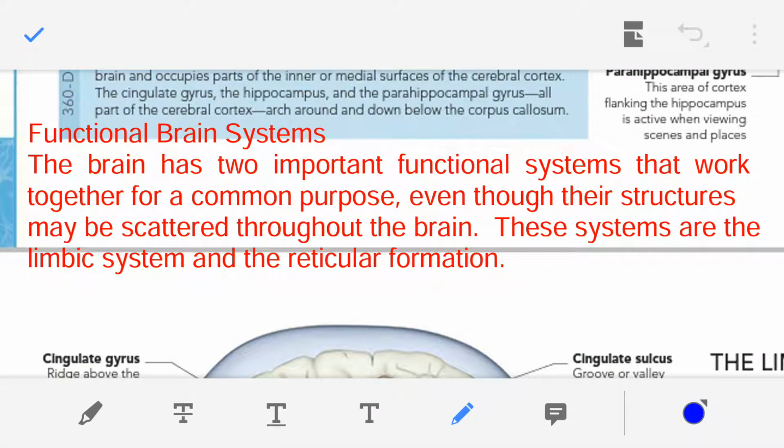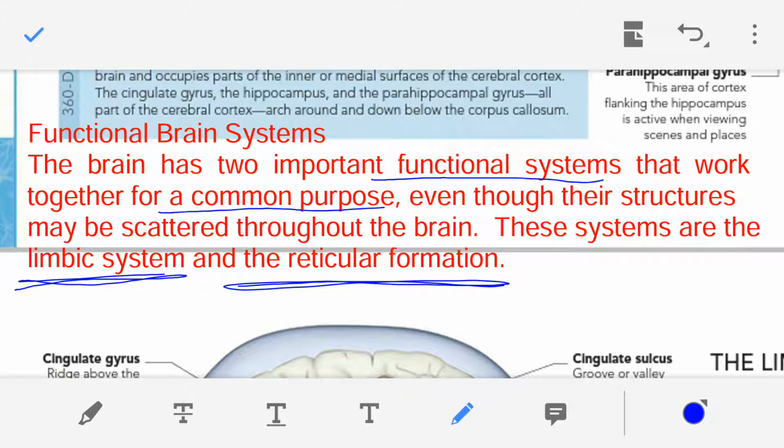Functional brain systems. The brain has two important functional systems, and both systems work together for a common purpose. One is the limbic system and the second one is the reticular formation.